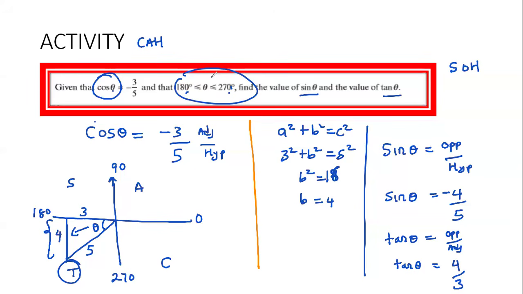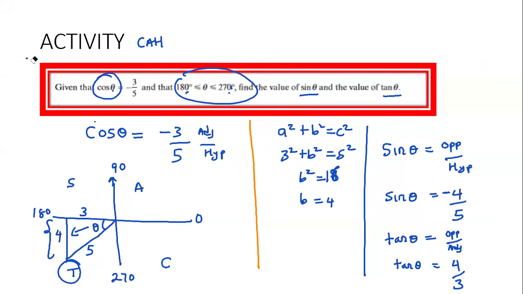Teacher, why don't you put the negative sign on the side when you've drawn the triangle? No, it is okay. You can put it there or you may not. Let me draw the triangle here.